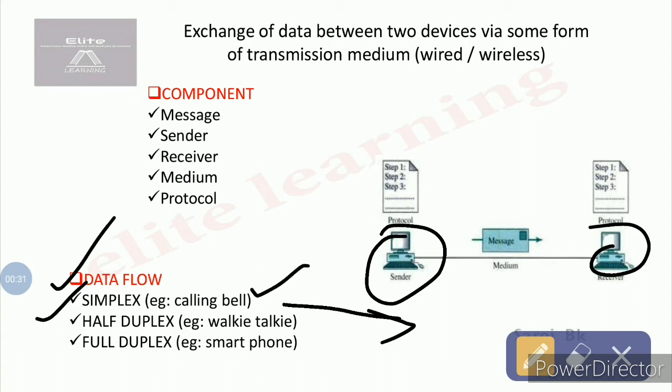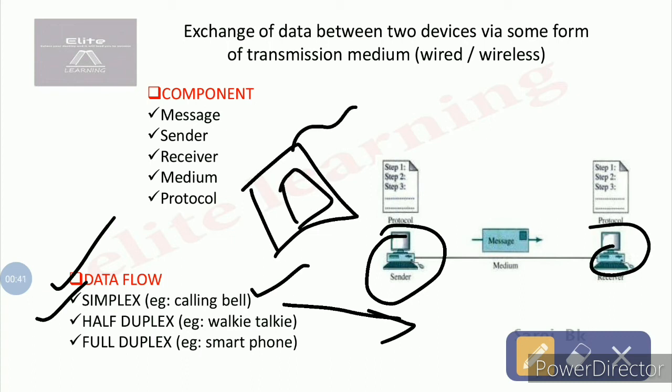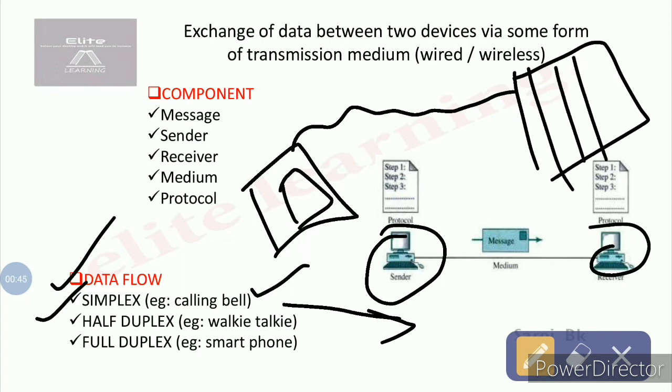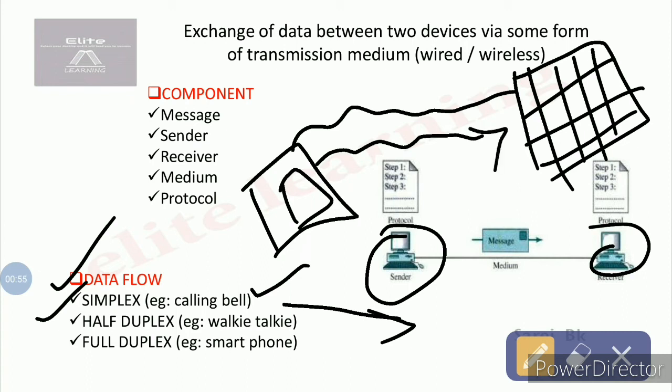So here I have given the example of a calling bell. Let us see how this calling bell mechanism works. There is a switchboard where you have a switch, and it is connected through wires to a sound box which is kept inside the house. The moment we press this switch, it converts electrical energy to sound energy, and then we are able to hear a sound from this sound box.